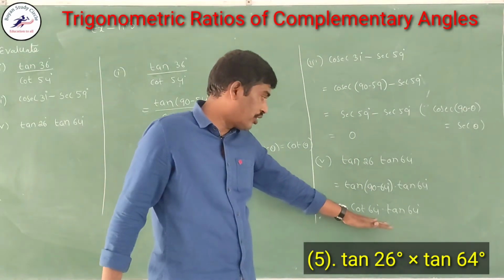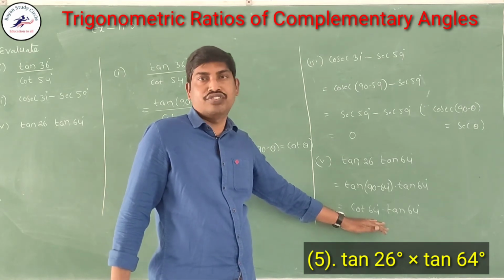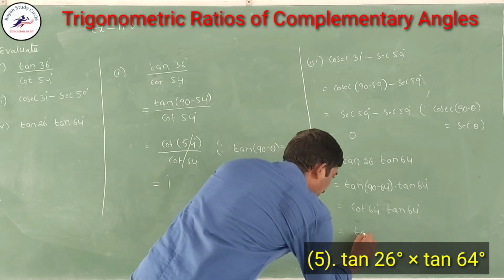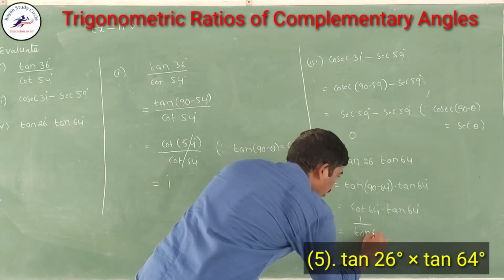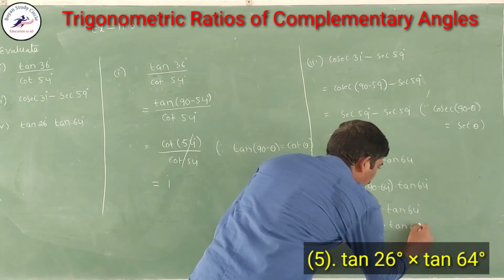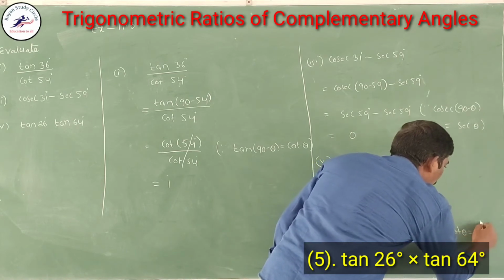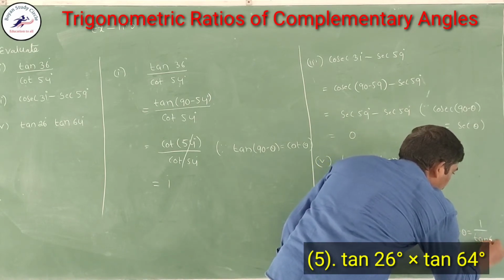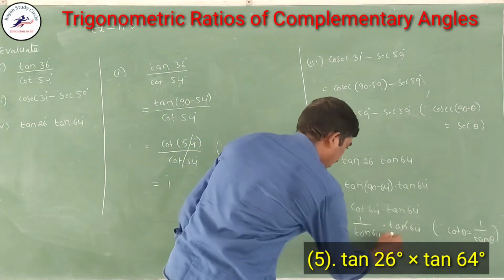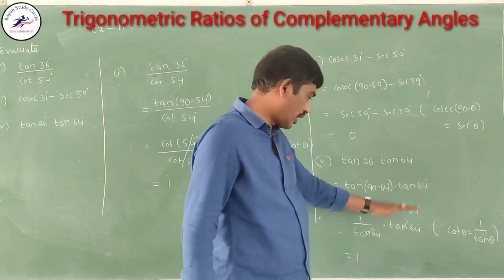We are going to write cot 64 is equal to 1 by tan 64, since cot theta is equal to 1 by tan theta. So 1 by tan 64 degrees into tan 64 degrees. Okay, so here tan 64 gets cancelled, we get 1. So tan 26 into tan 64, that is equal to 1.